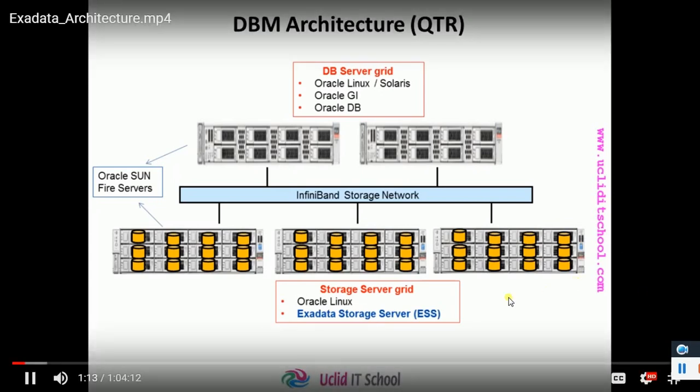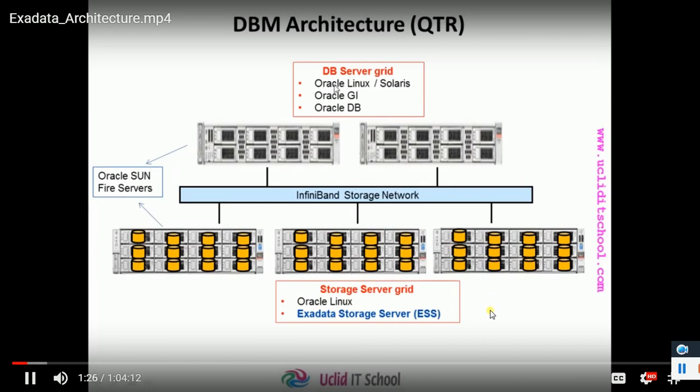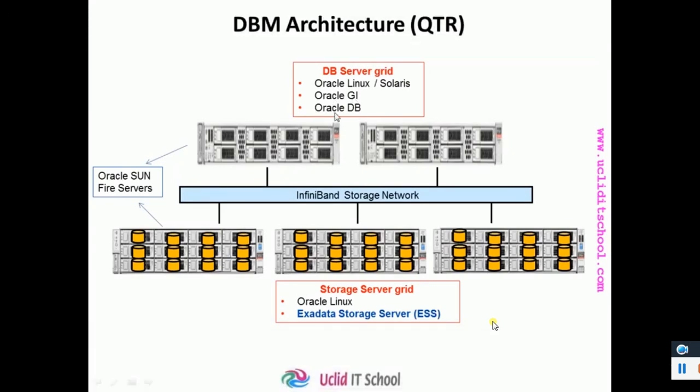And this slide also shows you the software installed on each of these servers. If you see the database servers, on every database server we install either Oracle Linux or Oracle Solaris as per customer choice. Then we install Oracle Grid Infrastructure and we install Oracle database binaries.